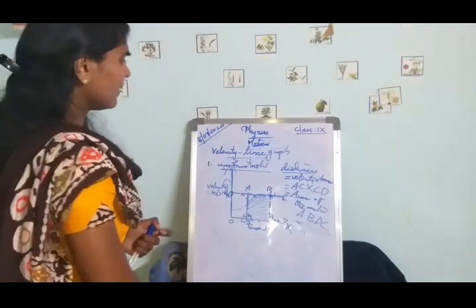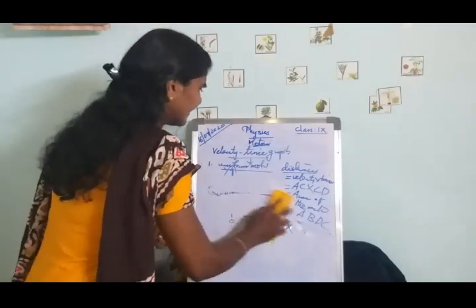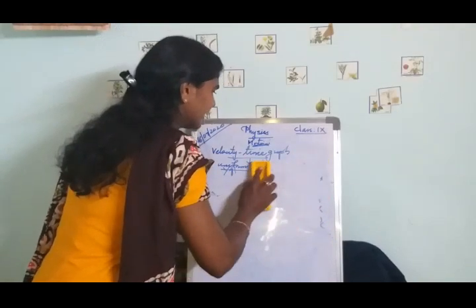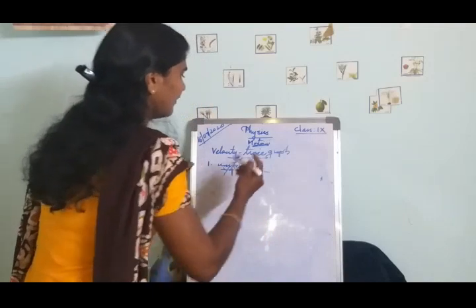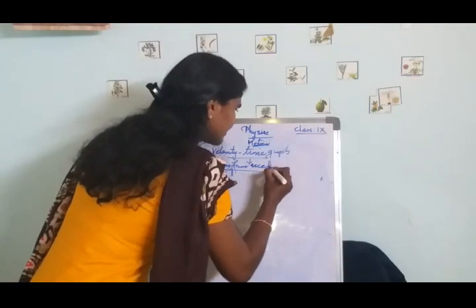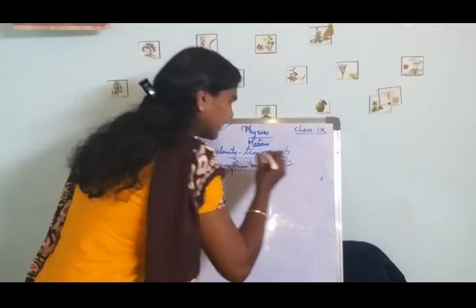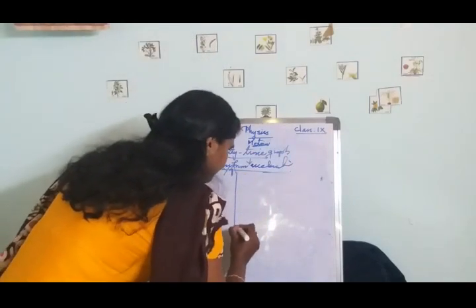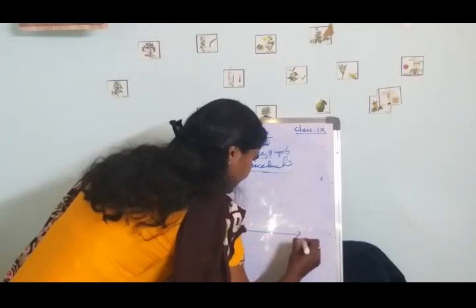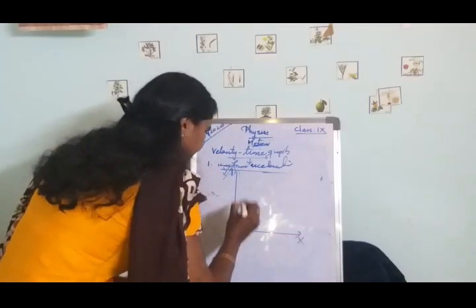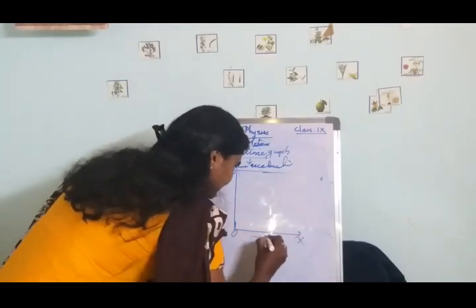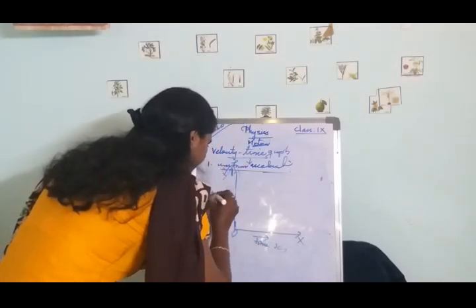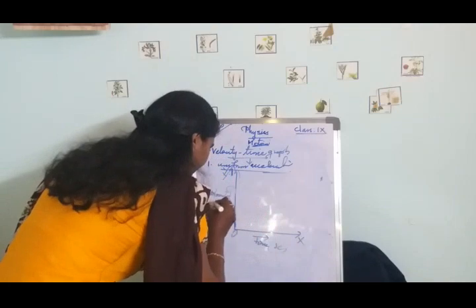Okay, the next is the velocity time graph for an object in uniform acceleration. Here also x-axis, y-axis, then origin, then time in seconds, and velocity in meter per second.